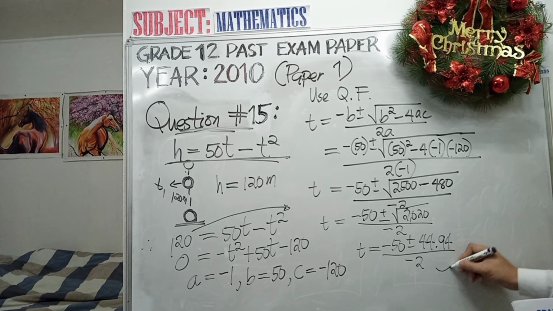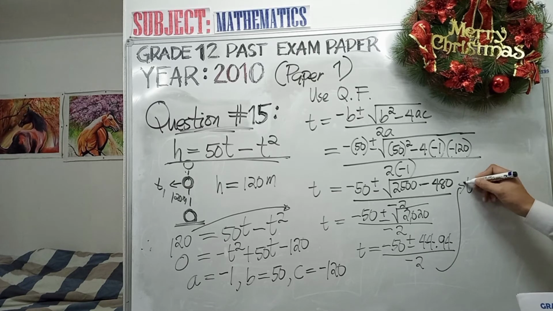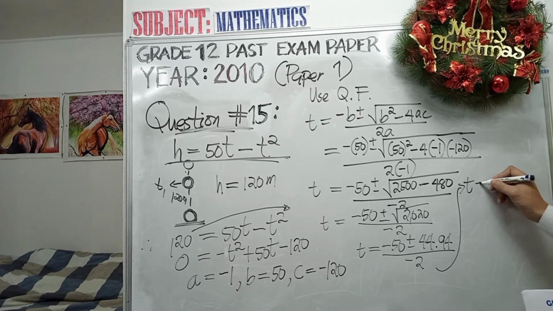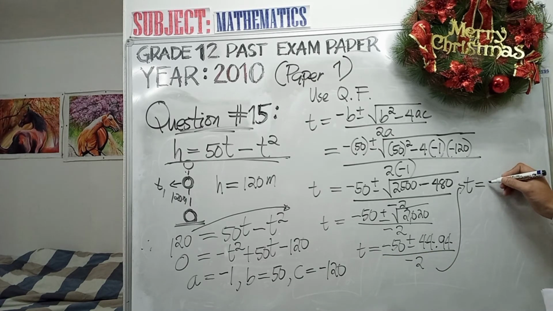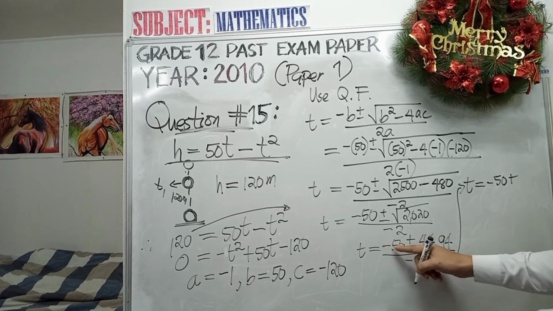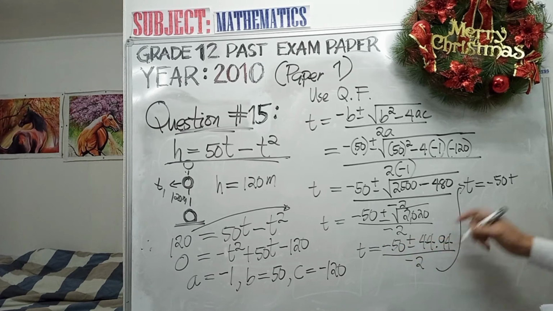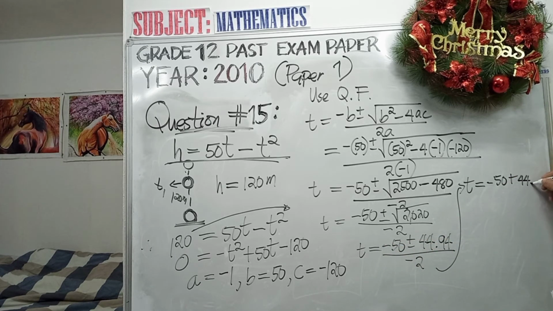So now, our final answer would be t is equal to the first value of t, because we expect two values, which is negative 50 plus 44.94 divided by negative 2.